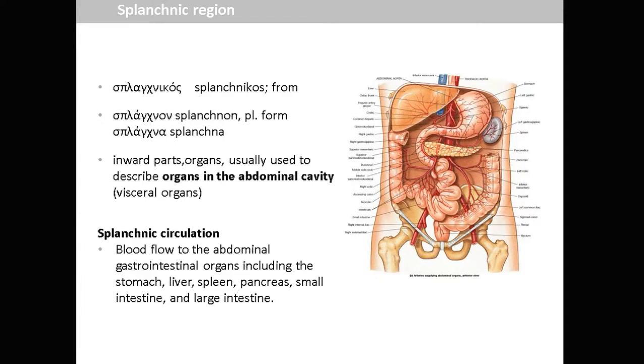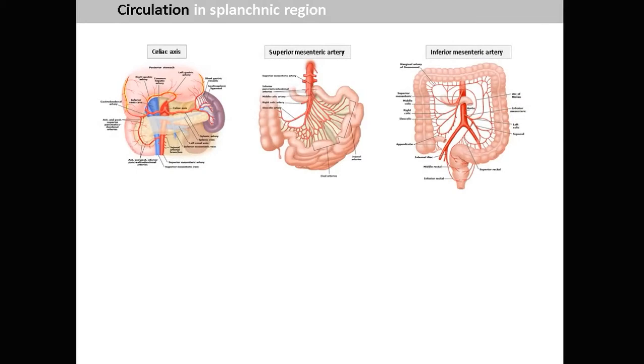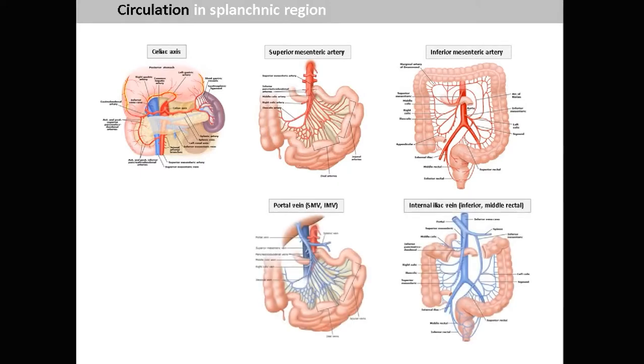Starting from the very basic, splanchnic means the organs in the abdominal cavity, and splanchnic circulation is blood flow to the gastrointestinal organs: stomach, liver, spleen, pancreas, and intestines. The arterial blood comes from the celiac axis and the superior and inferior mesenteric arteries, and then it's collected into the portal vein from the superior and inferior mesenteric veins.